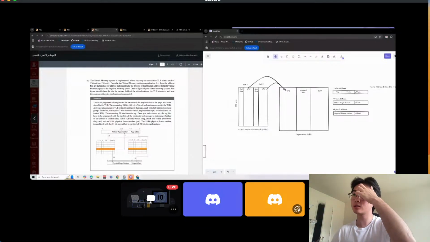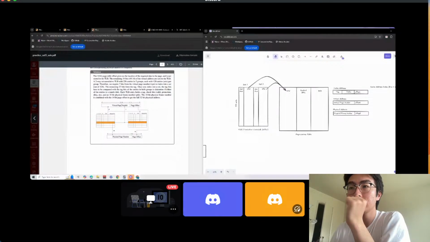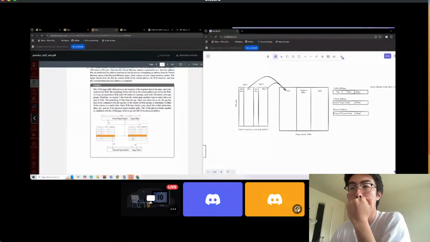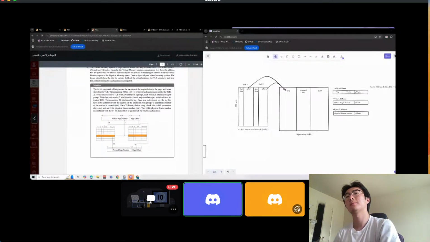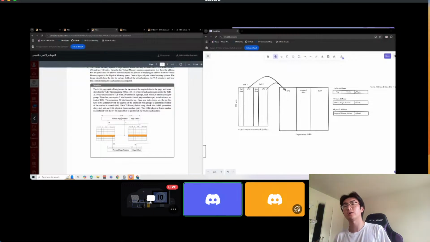Okay. It seems like, oh, are these two different sets right here? So you get the page offset. What is VDPU? And why is this split up into two different? Oh, the valid dirty. Okay.